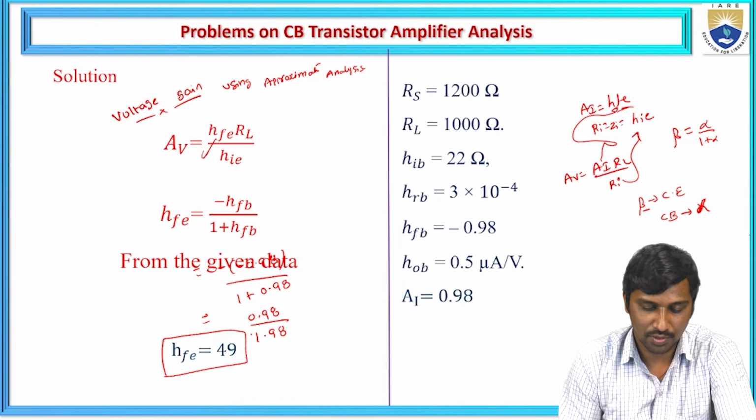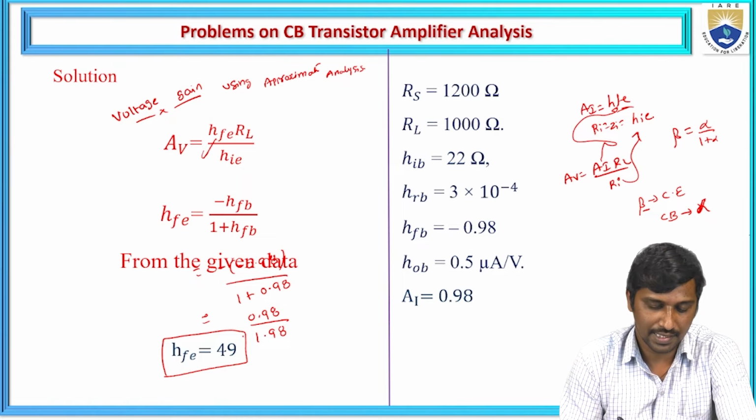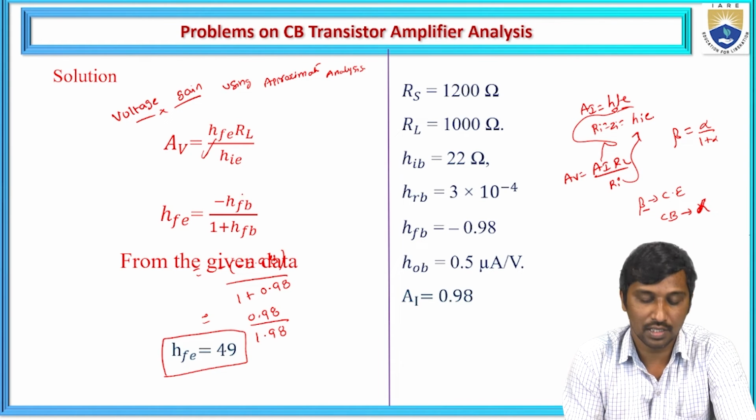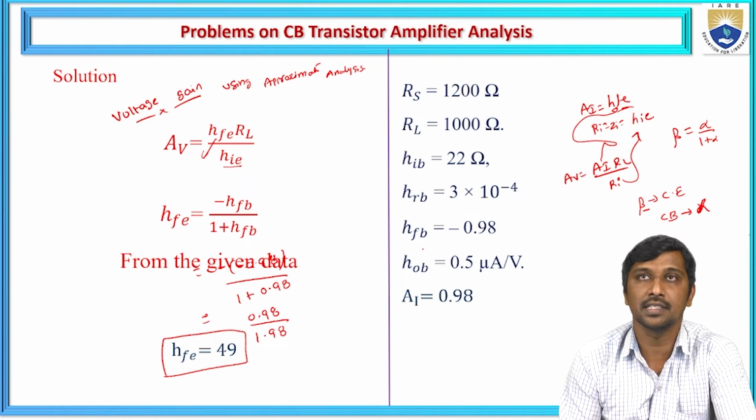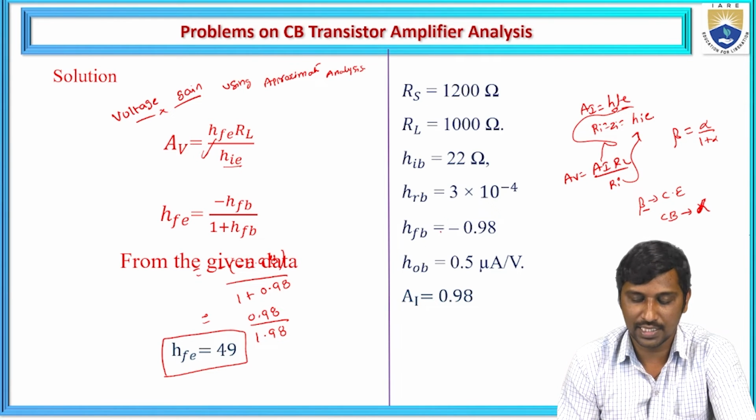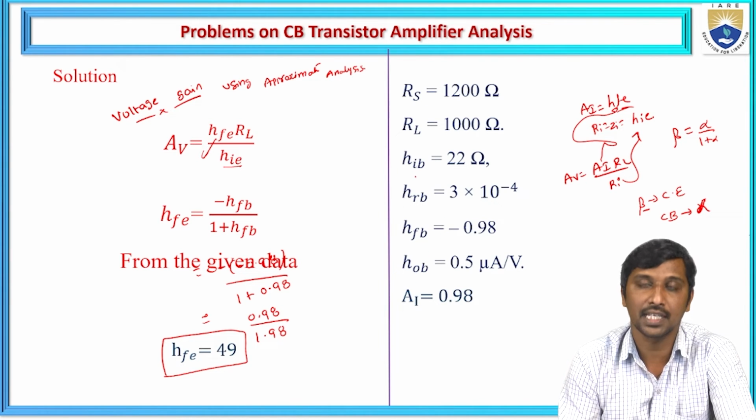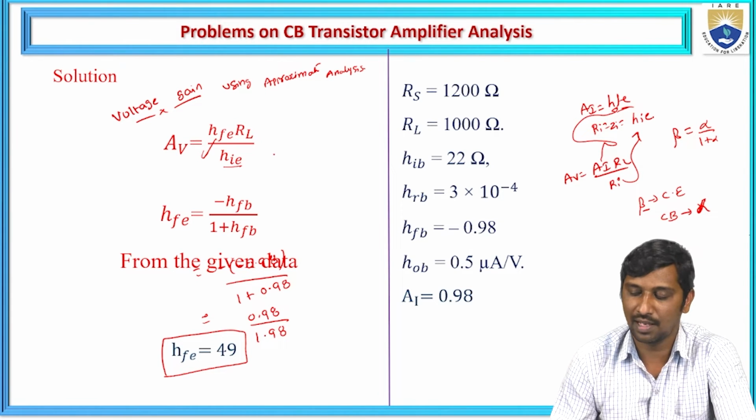Now I'm going to substitute this HFE value, but before that we need to calculate HIE. In our given specifications there is no HIE parameter, but we have the HIB parameter. Hence, first we need to convert this HIE in terms of the HIB value.